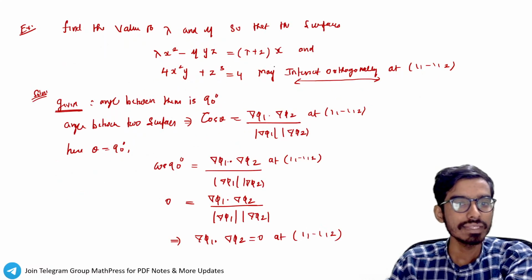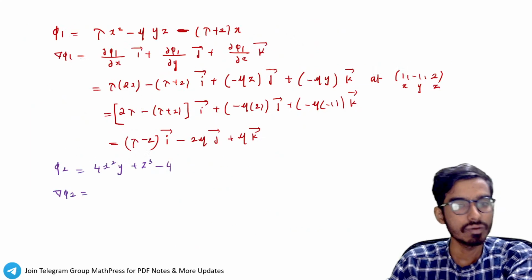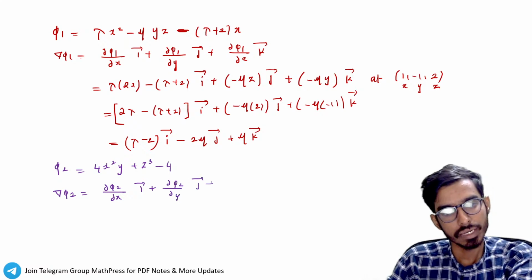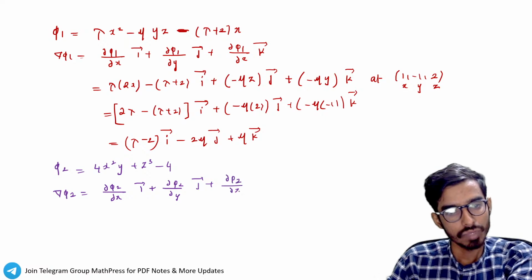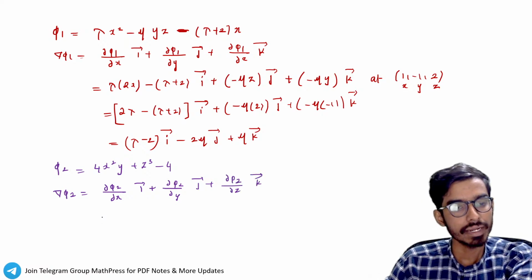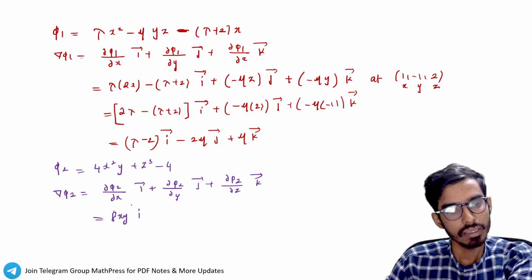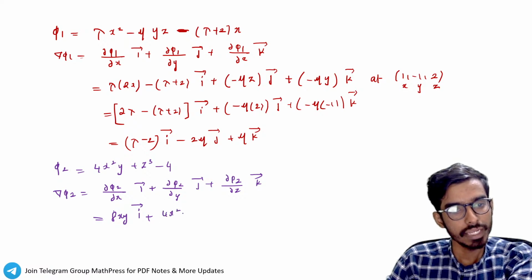This is dou phi2 by dou x i vector, dou phi2 by dou y j vector, dou phi2 by dou z k vector. With respect to x, this will be 8xy i vector. With respect to y, this will be 4x square j vector. With respect to z, this will be 3z square k vector.